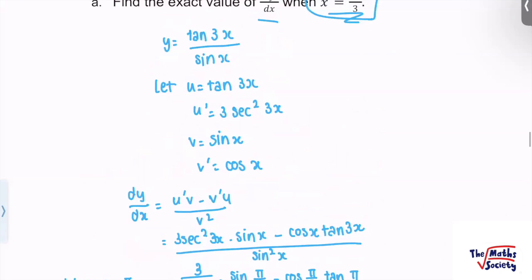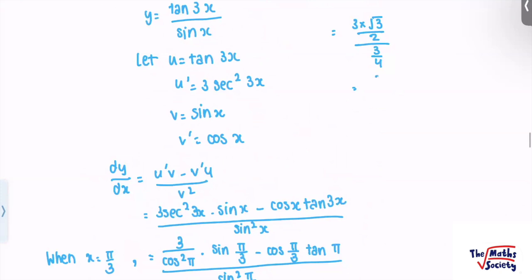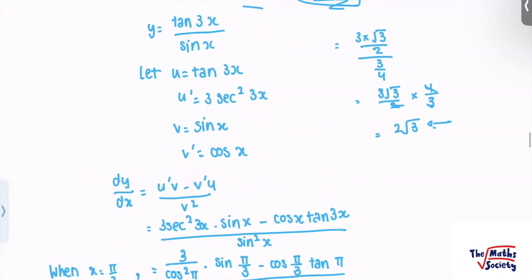So that's going to equal 3 multiplied by root 3 by 2, divided by 3 by 4. So that's going to be 3 root 3 by 2 multiplied with 4 by 3. So that's going to be 2 root 3. So that is your exact value of dy by dx.